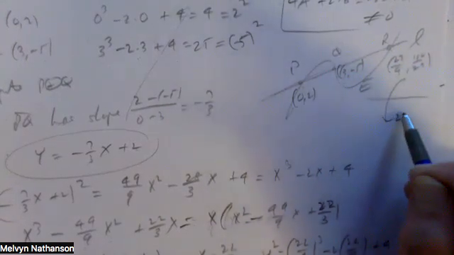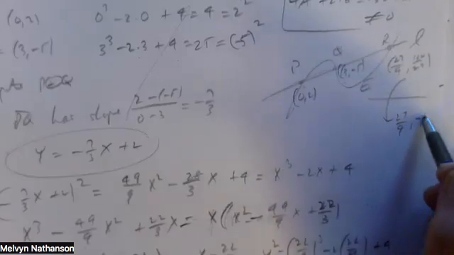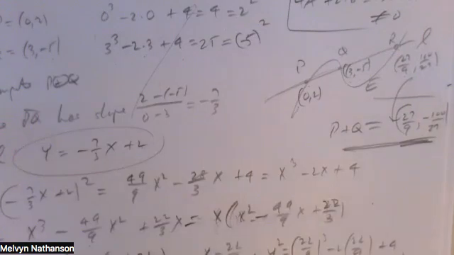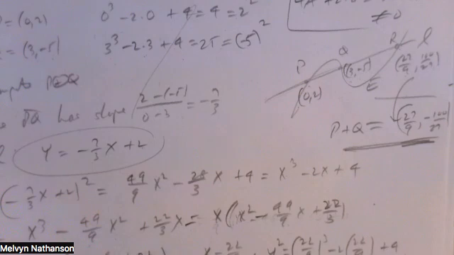You reflect that, you get the point 22 over 9, minus 100 over 27. And that is the sum of P and Q. So that is how you do addition of two separate points. And other cases, when you add P plus P and so forth, are the rest of the exercise. So that's just to give another example of calculating the sum of 2 points on a particular elliptic curve.